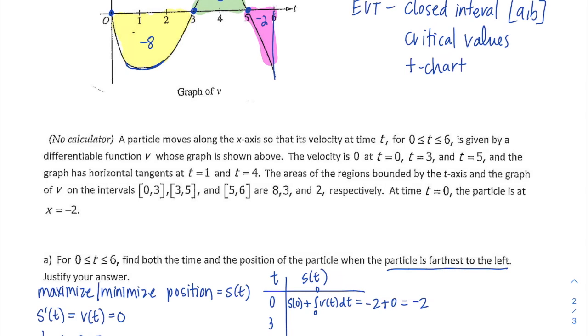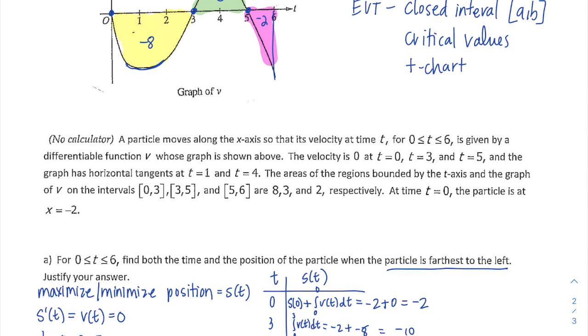For s of 3, I am going to do the value from 0 to 3, which is the initial value, negative 2, plus the integral from 0 to 3, which is negative 8, which gives me negative 10.